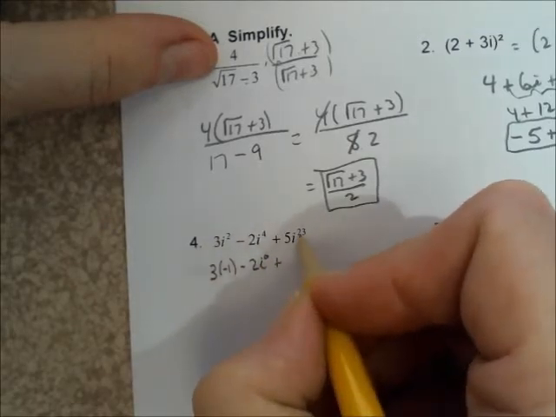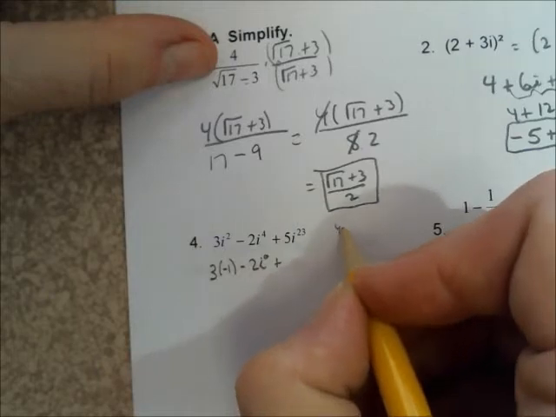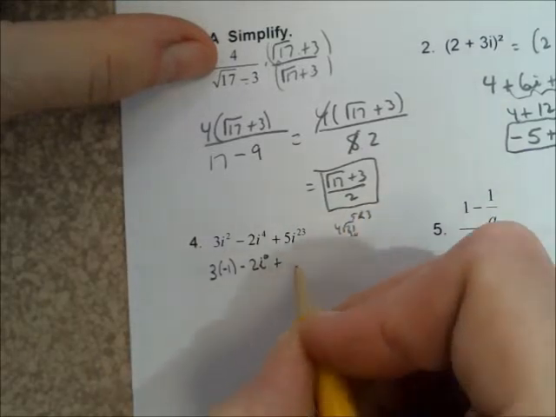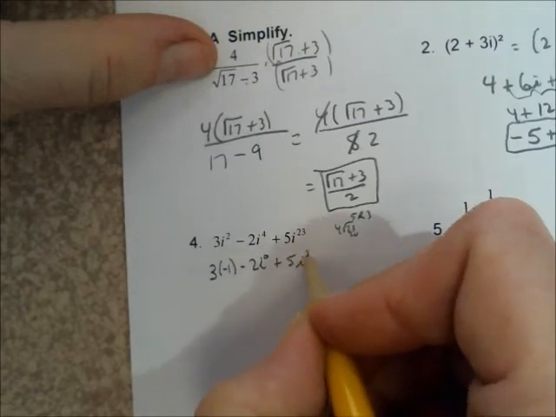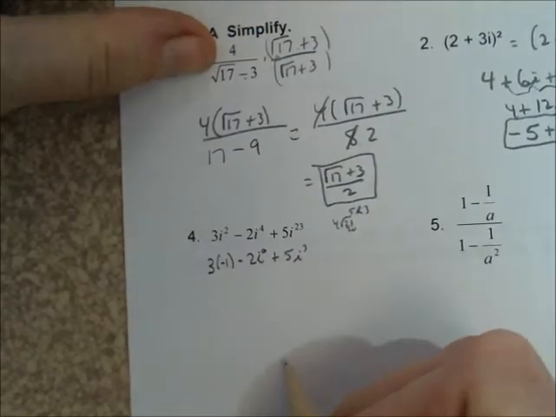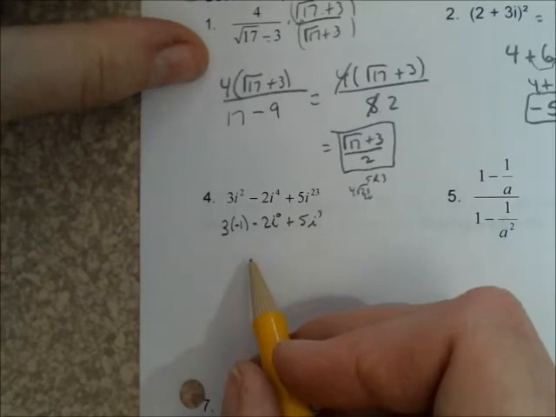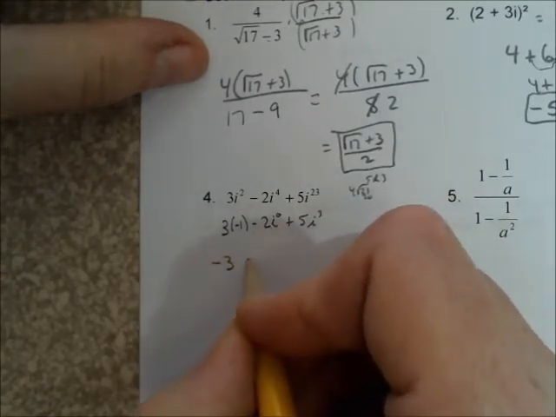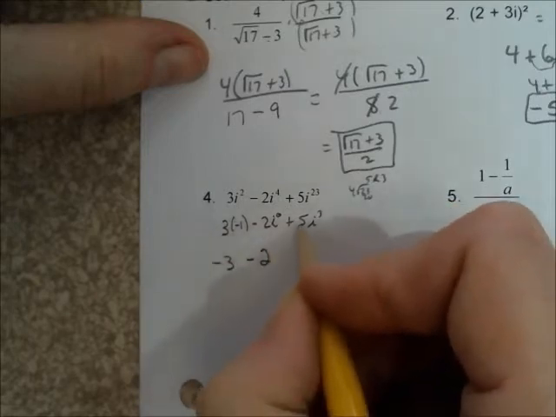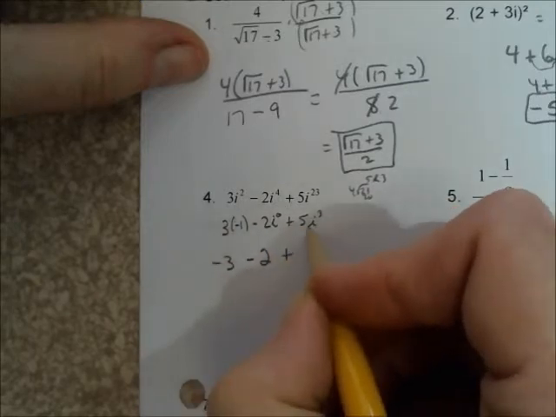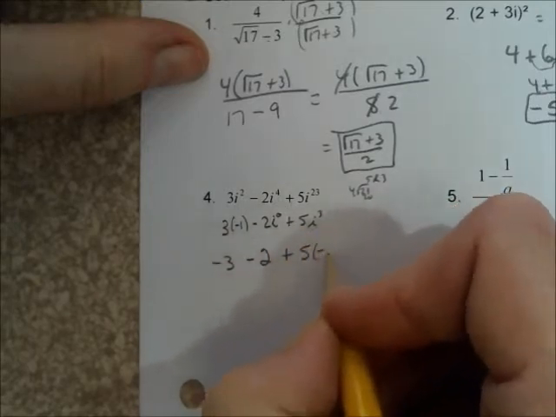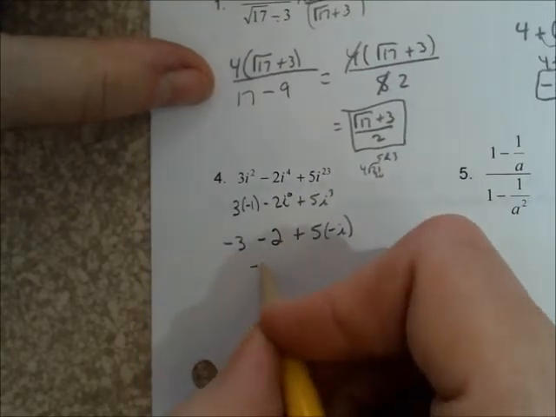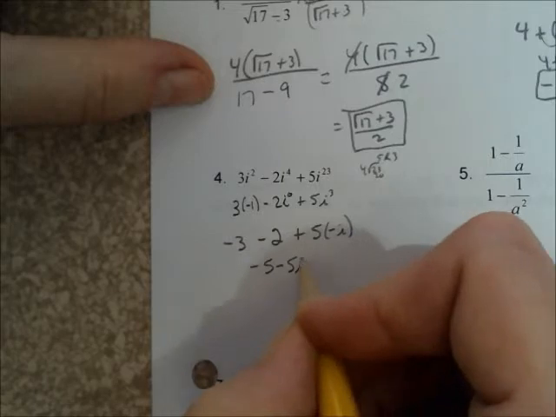When you divide 23 by 4, 4 goes into 23 5 times, but has a remainder of 3. So this is 5 times i to the 3, the remainder. 3 times negative 1 is negative 3. i to the 0 is 1. 2 times 1 is 2. And i cubed is negative i. So what we're left with is negative 5 minus 5i.